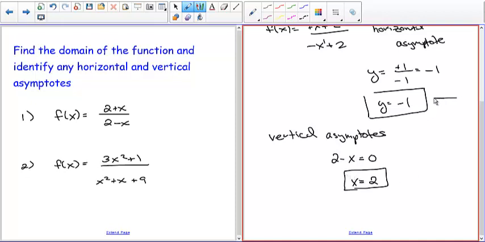So here we have a horizontal line, y equals -1, whereas here we have a vertical line at x equals 2. So that's a 2, this is a -1. So when I ask for horizontal asymptote, I want y equals some constant, and vertical asymptotes x equals some constant.